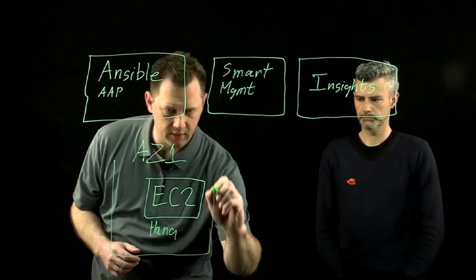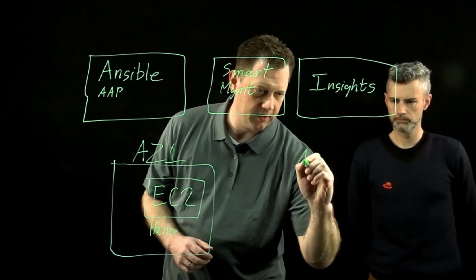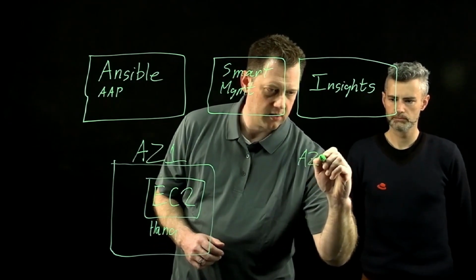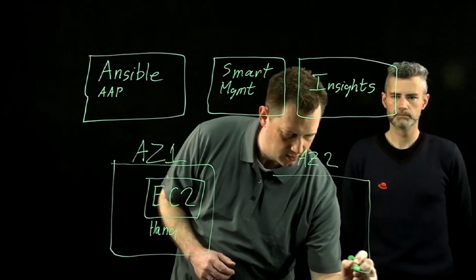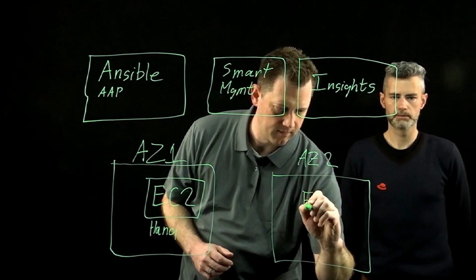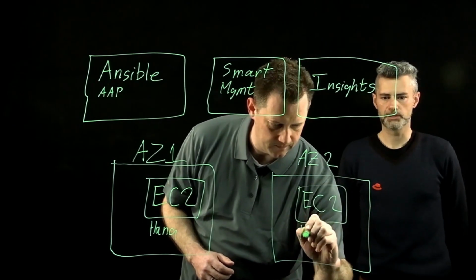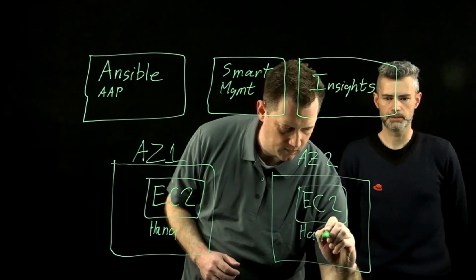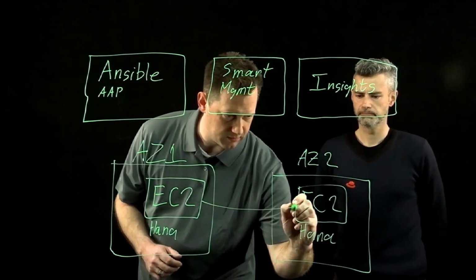This is all here in availability zone 1, and then over here in availability zone 2, completely different data center, we have another EC2 HANA instance. And we will have a cluster for those two HANA instances, right? We're going to cluster them. What do we use? Pacemaker cluster. Okay, we're using Pacemaker here.